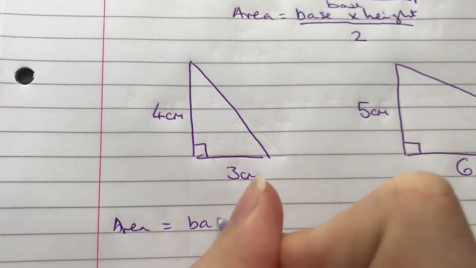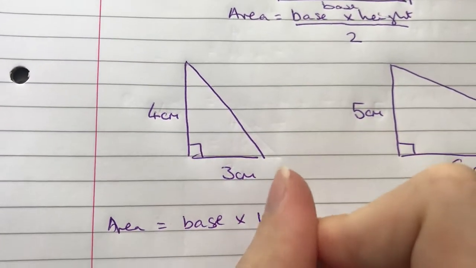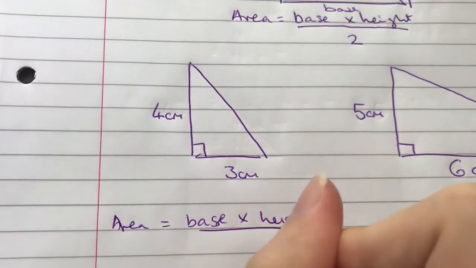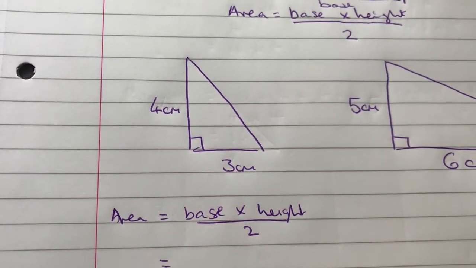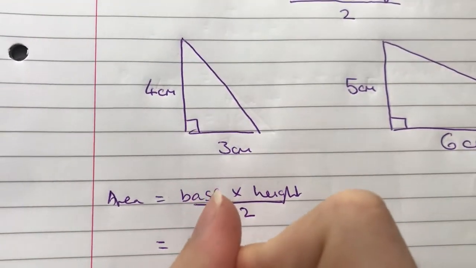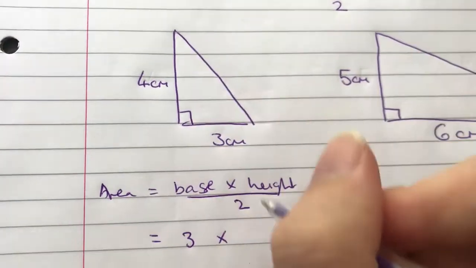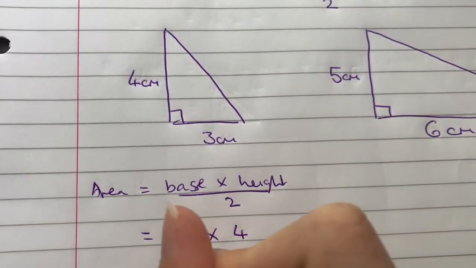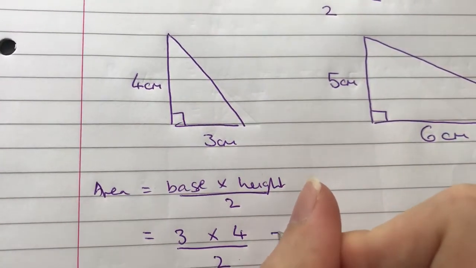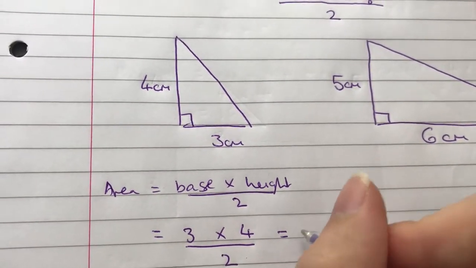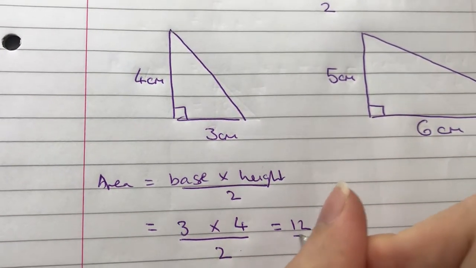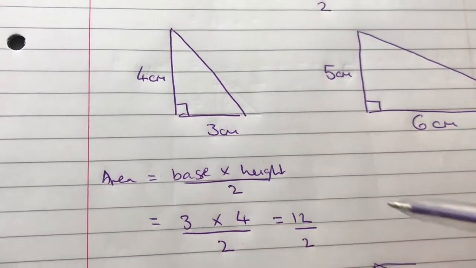base times height over 2. So we know it equals 3, which is the base, times 4, which is the height, over 2. So 3 multiplied by 4 is 12 over 2. What's 12 over 2?